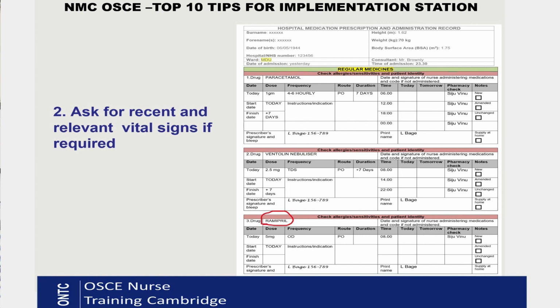Because in clinical practice, if you're giving an antihypertensive, we would look at the patient's recent blood pressure reading before we give it. And if your examiner says it's low, then don't give. If they say it's normal, then go ahead and give that medication. So it's just a principle of it. So make sure, for antihypertensives and diuretics, you are asking for blood pressure.